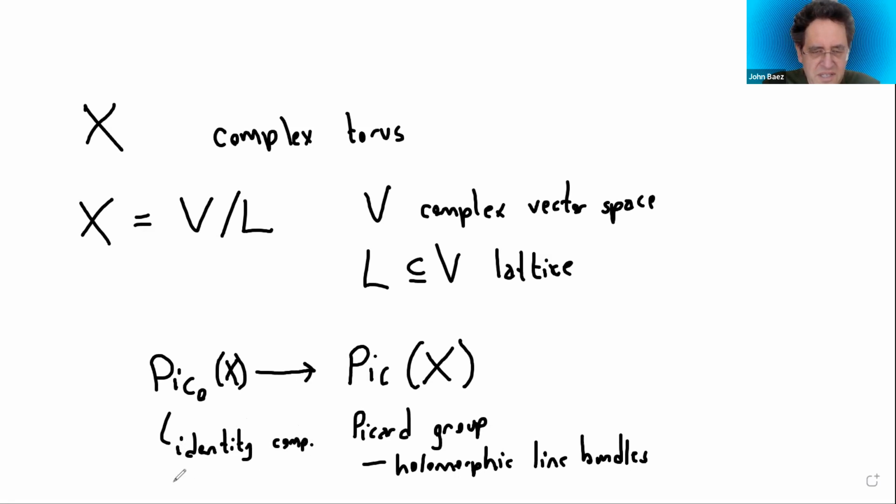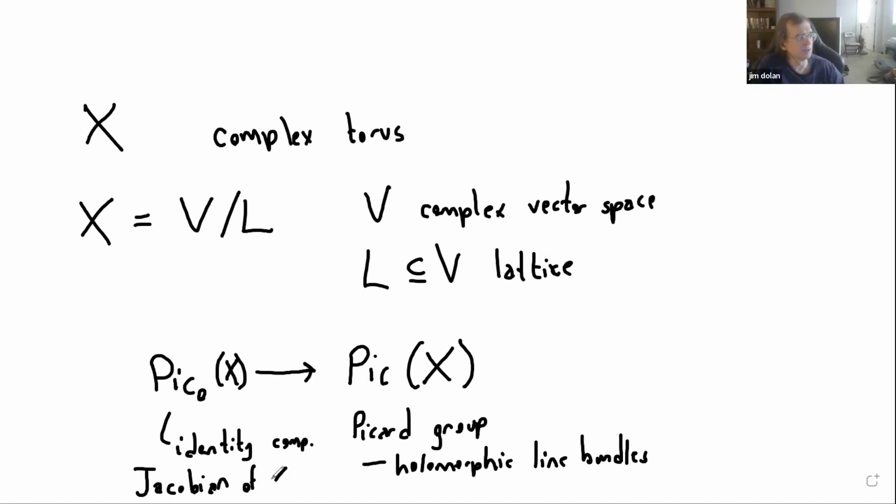It's sometimes called the Picard variety. A different name for it is the Jacobian of X. It's the holomorphic line bundles that are trivial as topological line bundles.